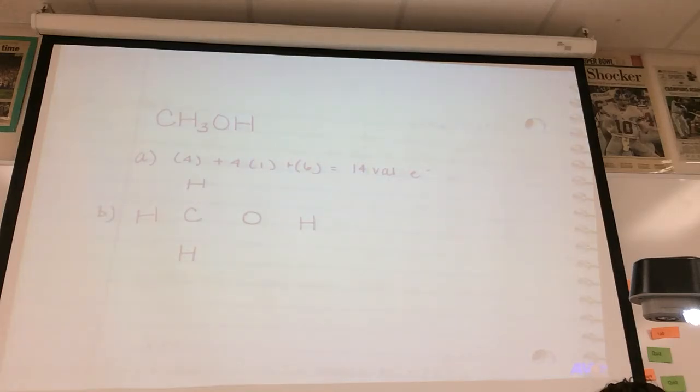In addition, typically your lower electronegativity elements are central. This one's kind of murky because H has the lowest electronegativity, but you know that H will never, ever, ever be a central atom.